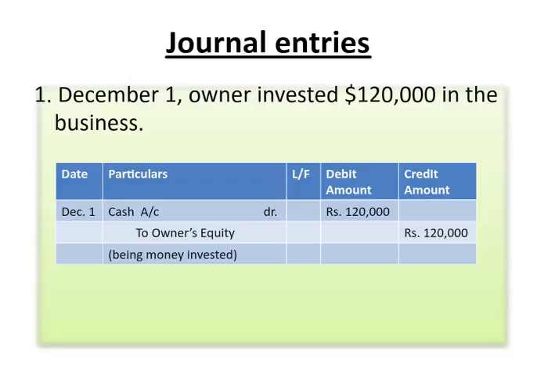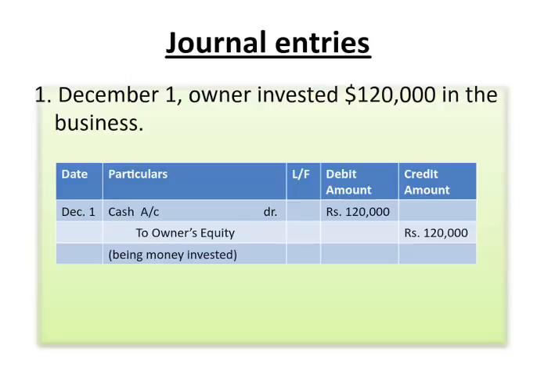Let's say there is an example. On 1st December, owner invested 1,20,000 in the business. So the business is receiving cash: cash account debited, and to owner's equity credit 1,20,000.